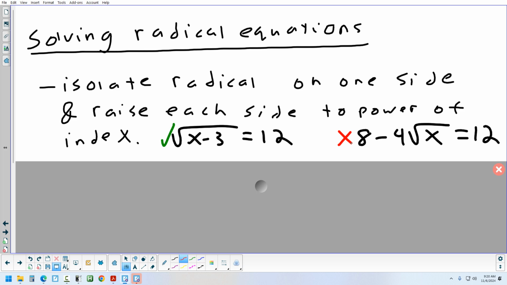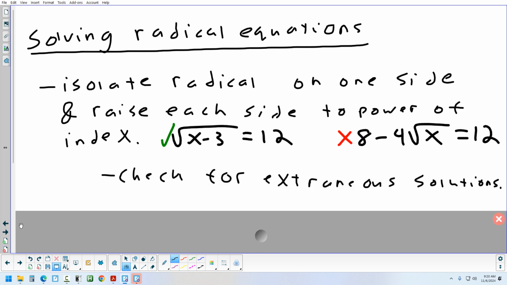Once we get the radical alone, then we're going to get rid of it. The way you get rid of it is by raising each side to the power of the index. What kind of root is the one on the left that has the green check mark? It's a square root. What is the index on a square root? It's a 2. So what we would do in this problem is raise each side to the second power.